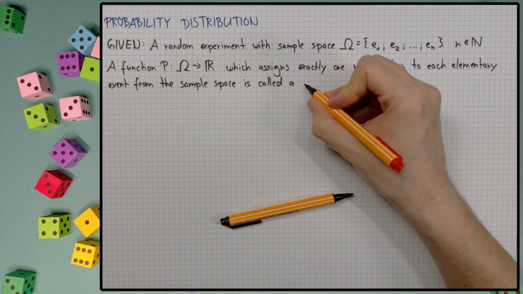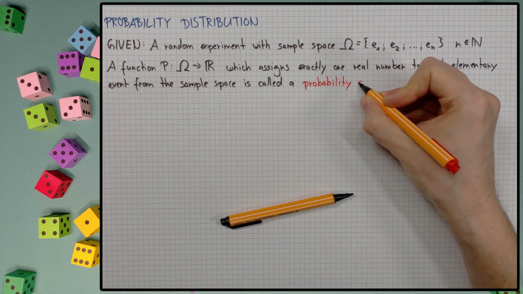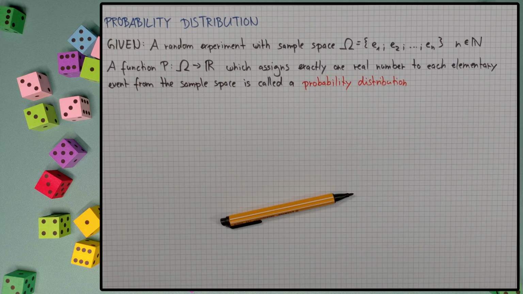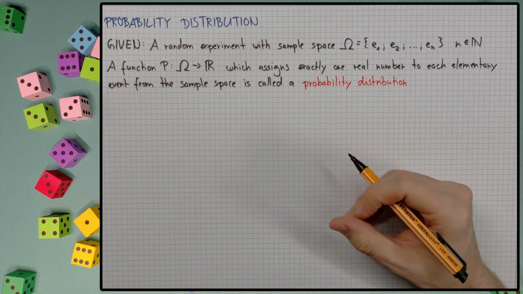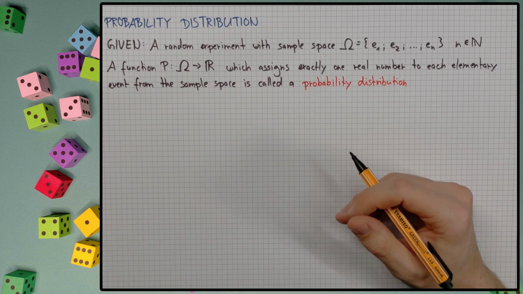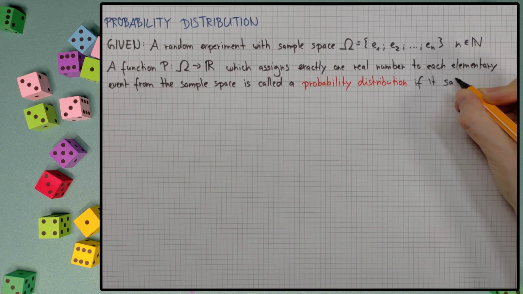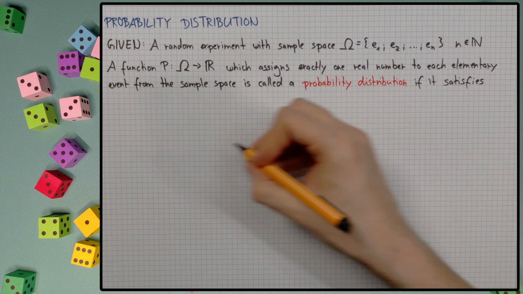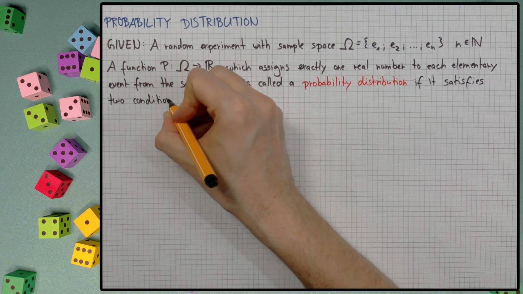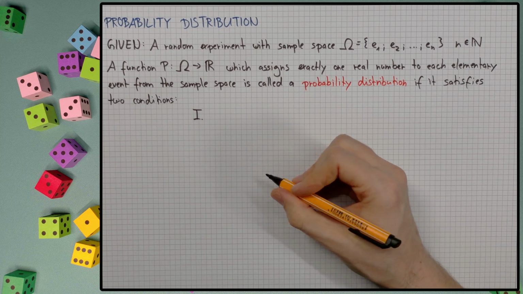This is called a probability distribution if it satisfies two conditions. Condition number 1.